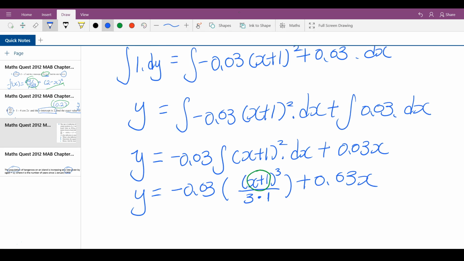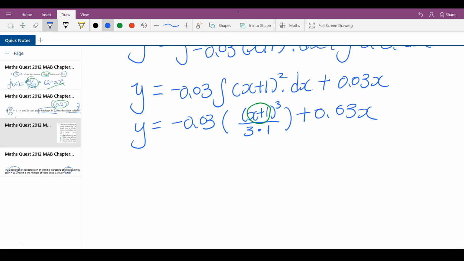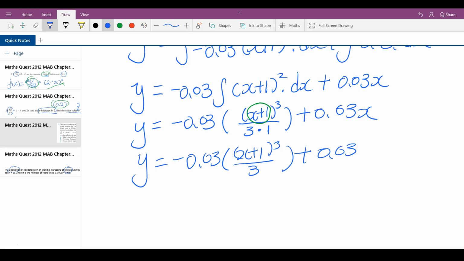That's what's happened at the end. All right, so that would become negative 0.03 close bracket x plus 1 all to the power of 3 over 3 plus 0.03.